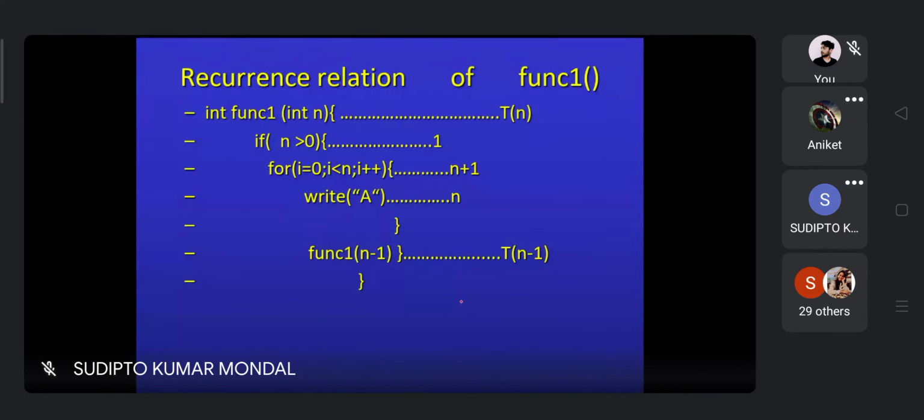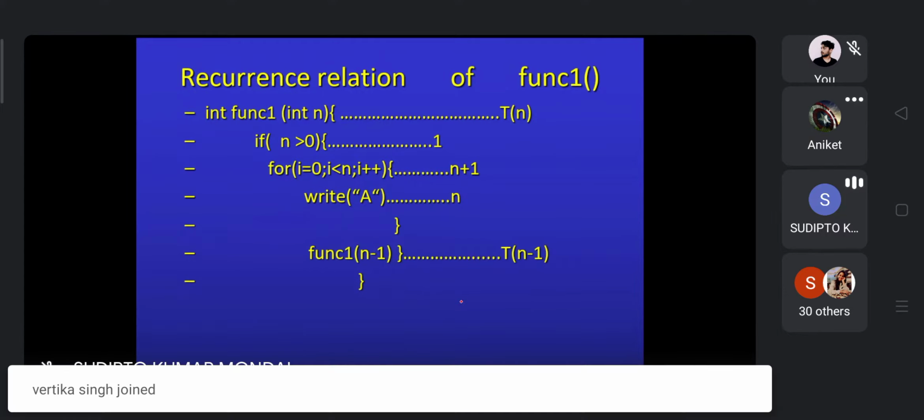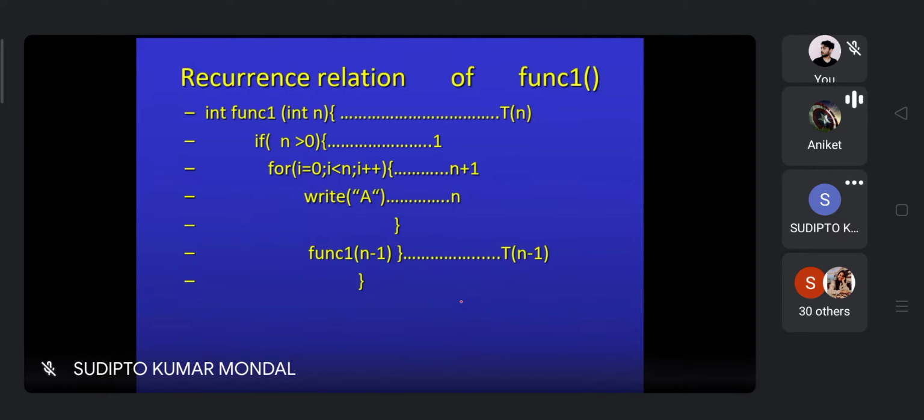Once i is n minus 1, it will not come out of the loop yet. It will execute the statement, and then i will be incremented and reach n. That means one more comparison will happen. What is the i value that time? That time i is n. So that's why that plus 1 is there.